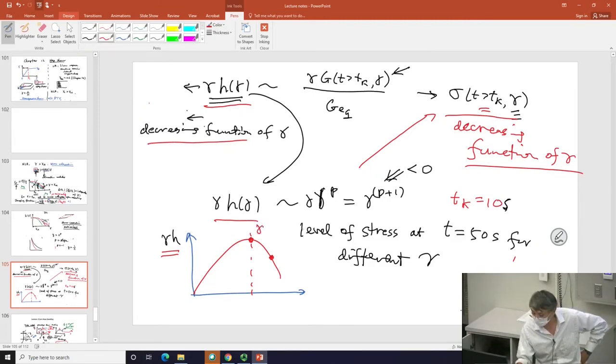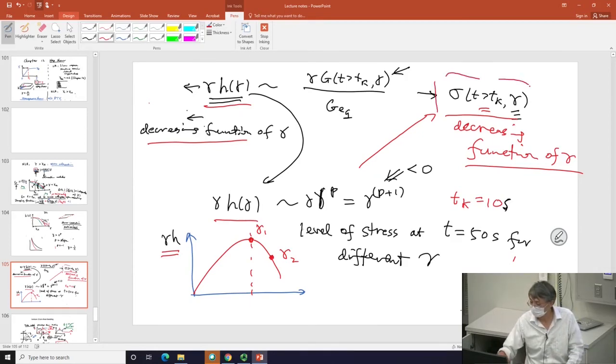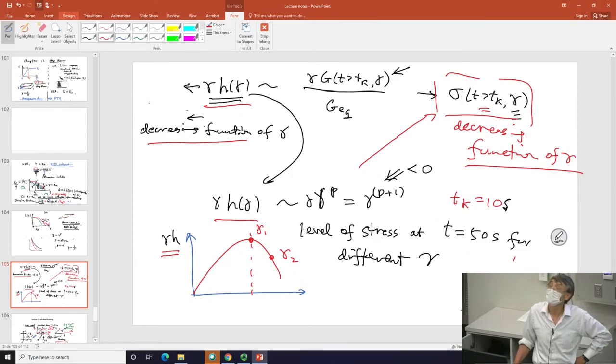After all, it just involves gamma 1 and gamma 2. Come on, what does this mean? Gamma times h, which is the stress at longer times, is lower for the test that applied higher strain.